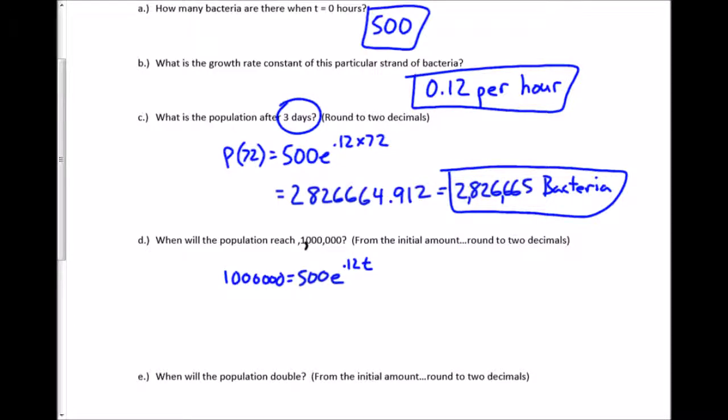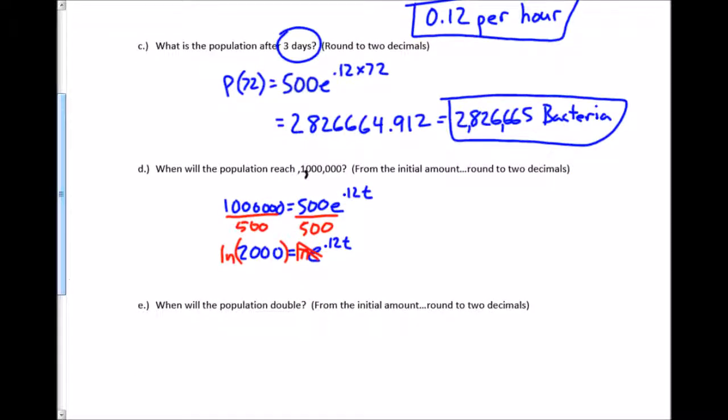So now I just have to simplify this. I divide each side by 500. I'm isolating the exponential part of the function. So I do 1 million divided by 500. So I get 2,000 equals e to the 0.12t. Now I can take the natural log of each side. The natural log and e cancel out, so I'm just left with the natural log of 2,000 equals 0.12t.